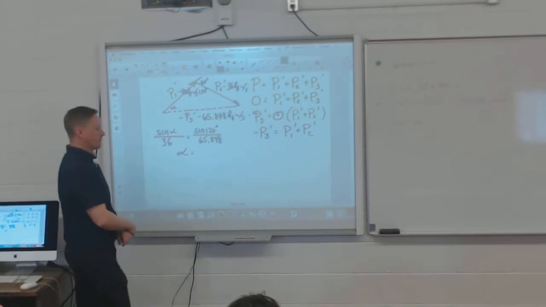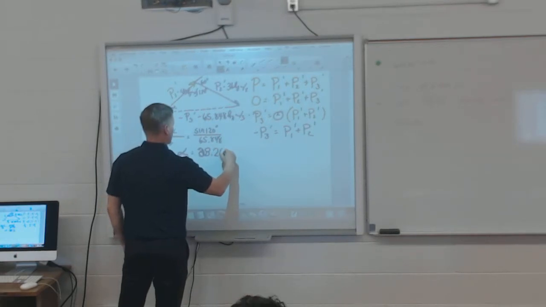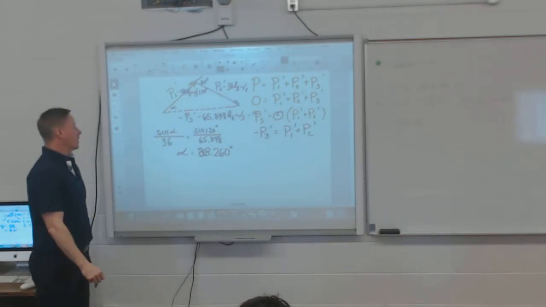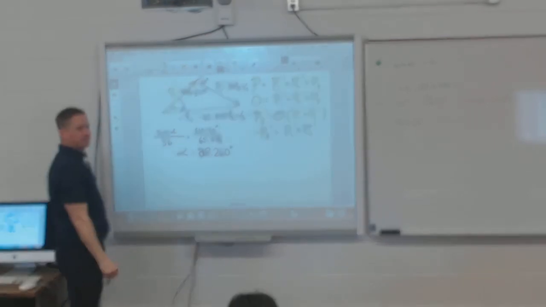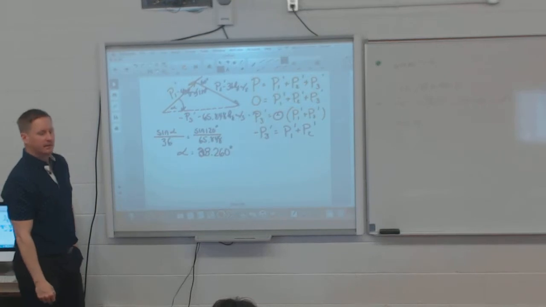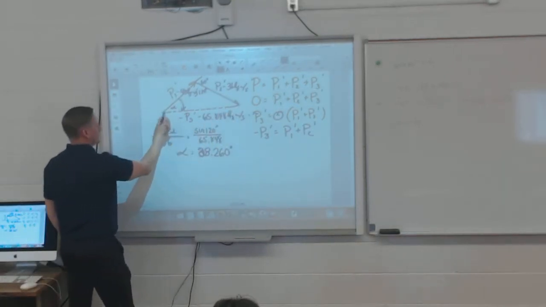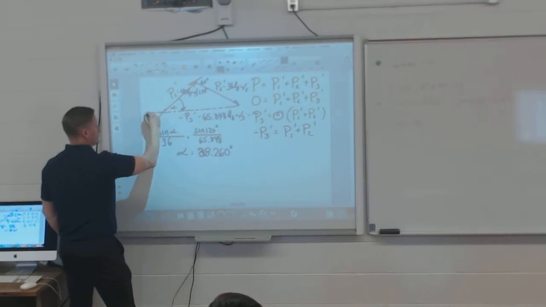Campbell, what'd you get? 28.260. Okay, so that's that angle right there, right? But that's not the direction the third piece is moving, because the third piece isn't going that way. So if I extended this out this way, that means that this is also 28.260, right?